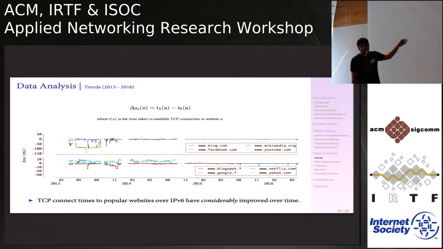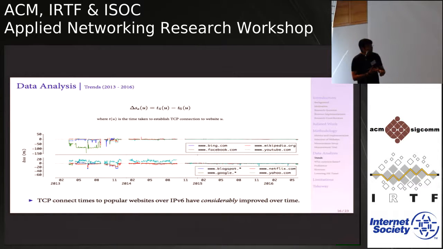If you see anything on the positive axis, it would mean that V6 is faster. And what you generally see is things have considerably improved over time. Let me take an example of Facebook, which is green on the top of the plot. During 2013, 2014, it used to be 100 milliseconds worse over V6 than over V4, and most of these popular websites over time have become congruent over both address families.